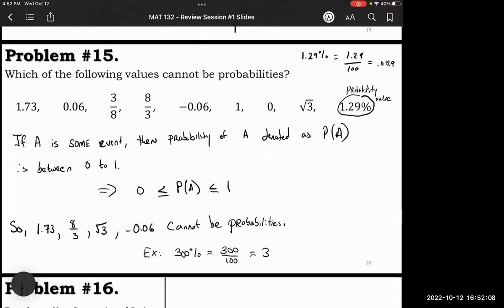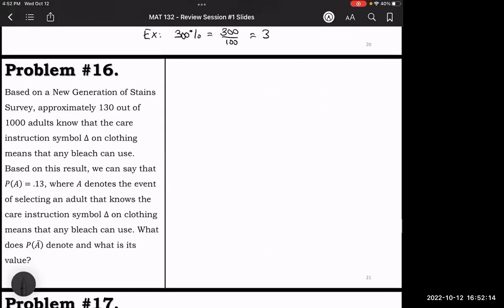All right. We're all good on problem 15? Okay, now we're going to problem 16. Problem 16 is very wordy, but it's actually very easy. It's based on a new generation of Staines survey. Approximately 130 out of 1,000 adults know that the care instruction symbol, in math we call it delta, that triangle, on clothing means that any bleach can be used.